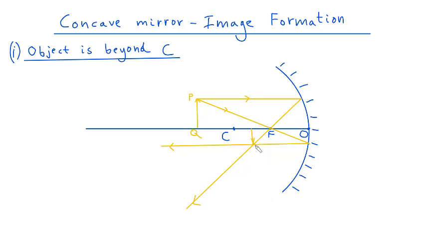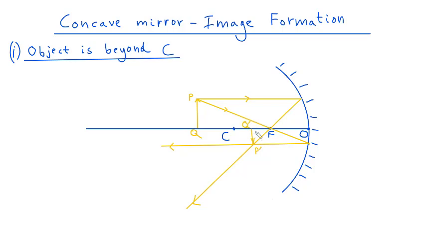So we can call this point here P dash or P prime, and similarly the image corresponding to the bottom of the arrow will form here at this point. Let's call that Q dash. So the image of our object, this arrow, will form here.